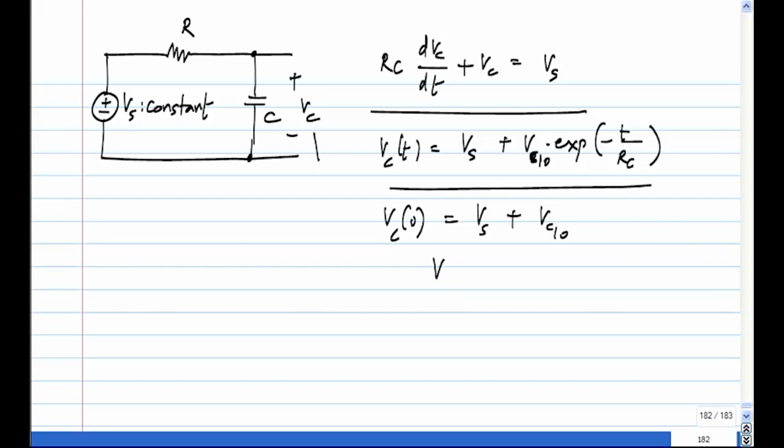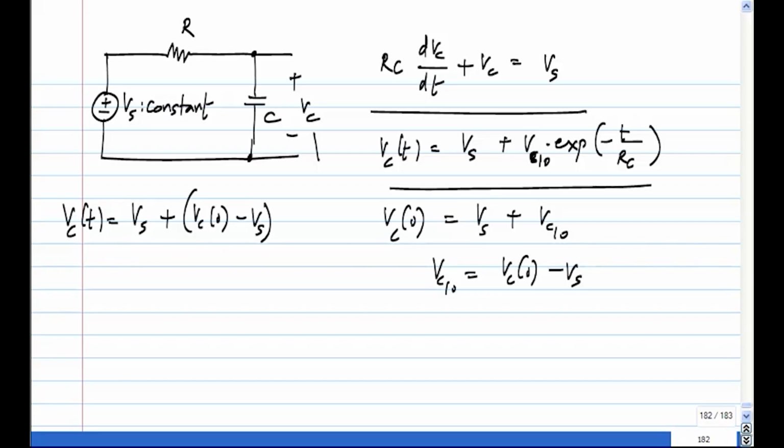So obviously Vc10 is Vc of 0 minus Vs. Okay. So this Vc of t can be written as Vs plus Vc of 0 minus Vs exponential minus t by Rc.